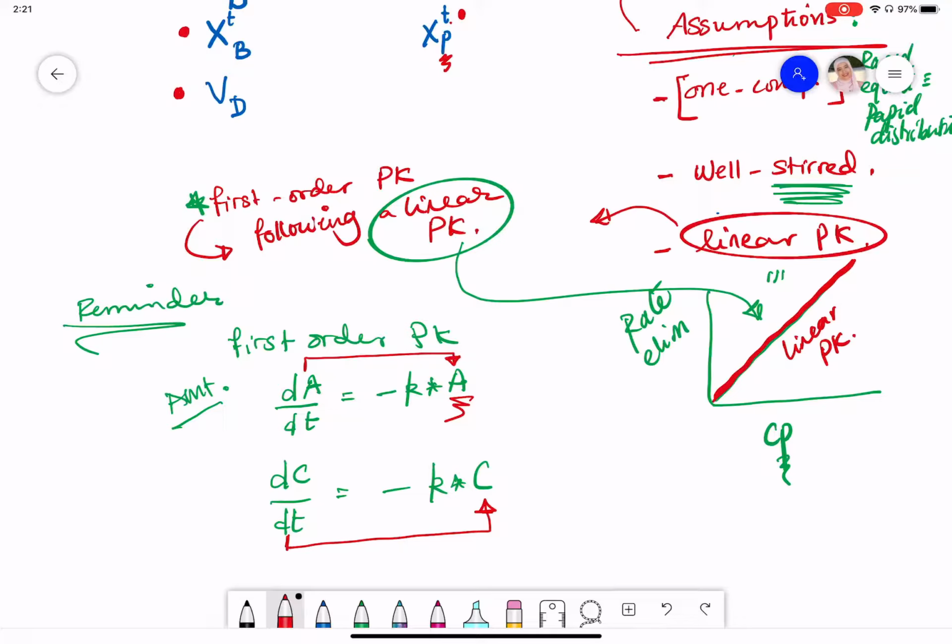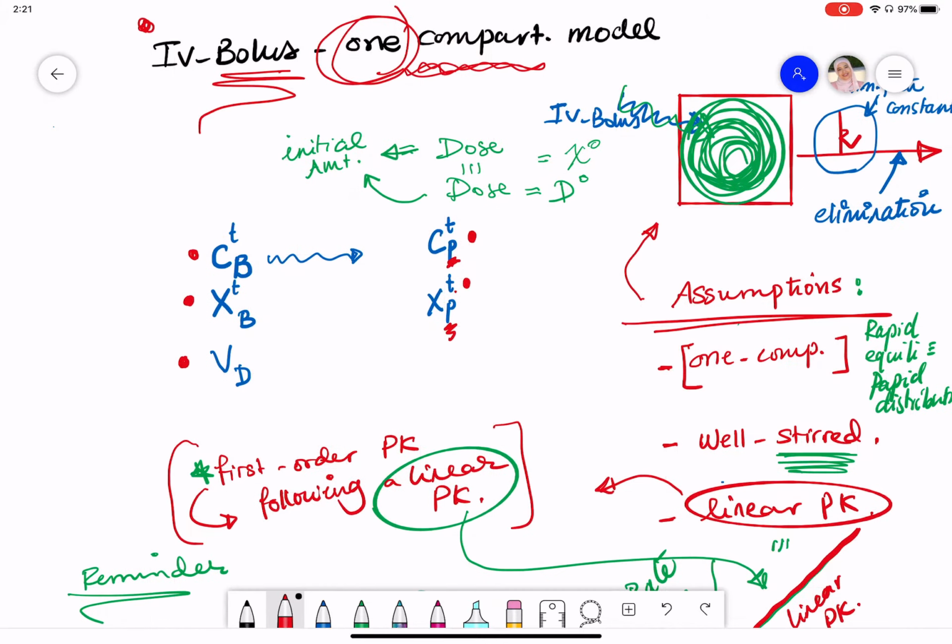and I talked about this in a separate video. Okay, so again, we have to describe the model, we will have concentration, we will have amount, and we will have volume of distribution.